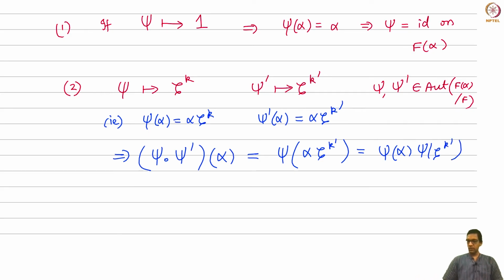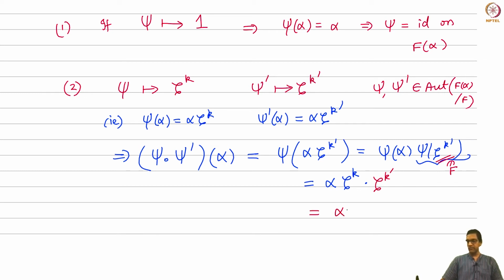Now, on the other hand, I know that psi of alpha is alpha times zeta power k, and psi on zeta power k prime: observe zeta power k prime by definition was assumed to be in the base field. Okay, and psi acts as identity on the base field, so it does nothing to it. Psi of zeta power k prime is zeta power k prime.